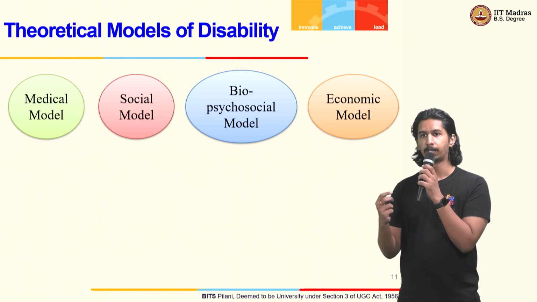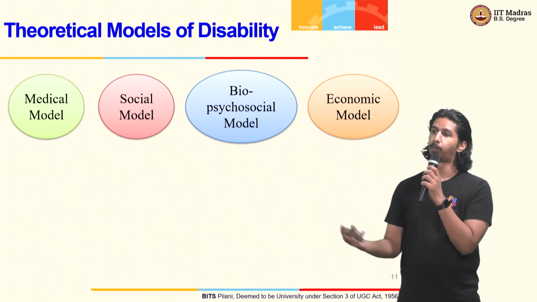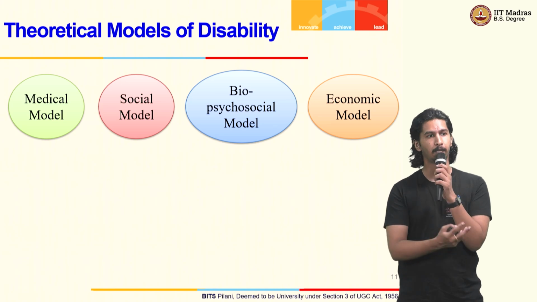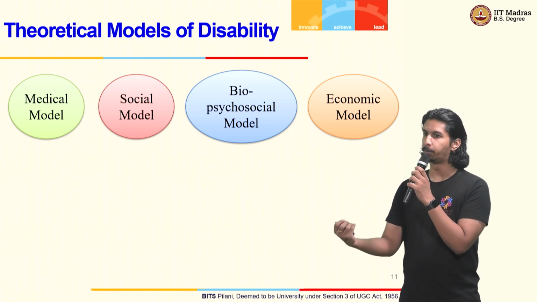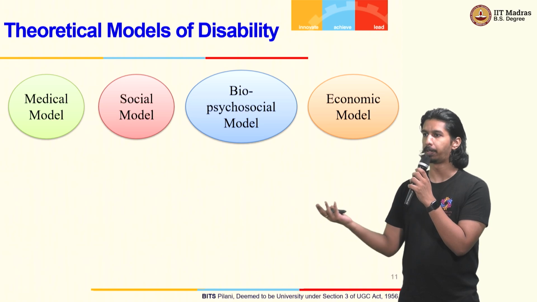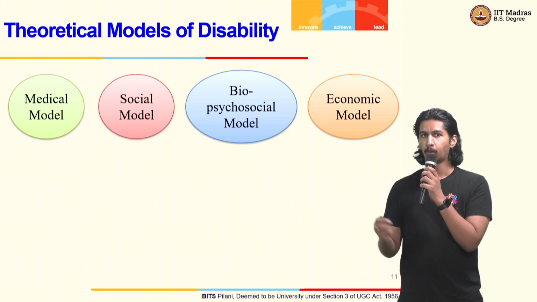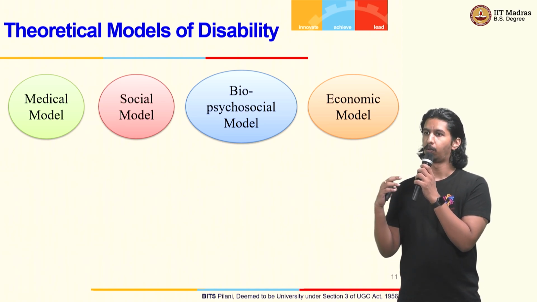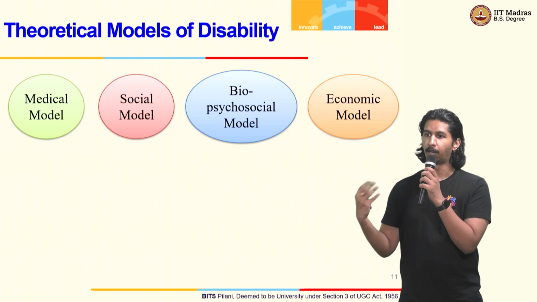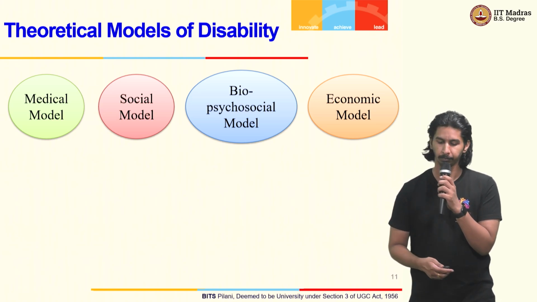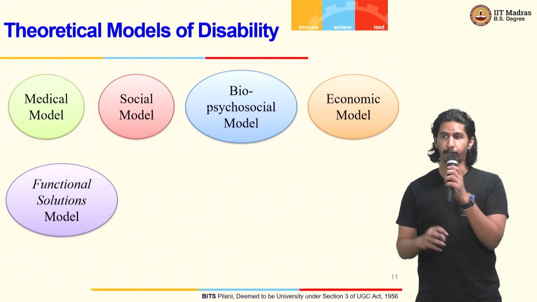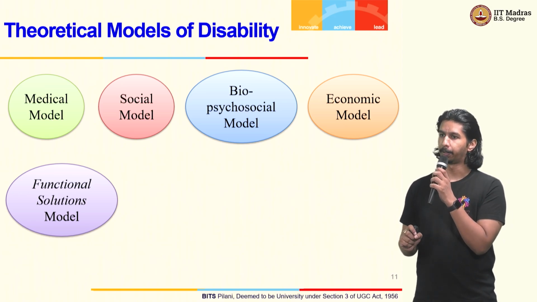If a country has a significant proportion of people with disabilities, then the budget allocated for the welfare of people with disabilities will go up, right? It's very natural. So the economic model talks about the whole economy around people with disabilities and the money that is spent.